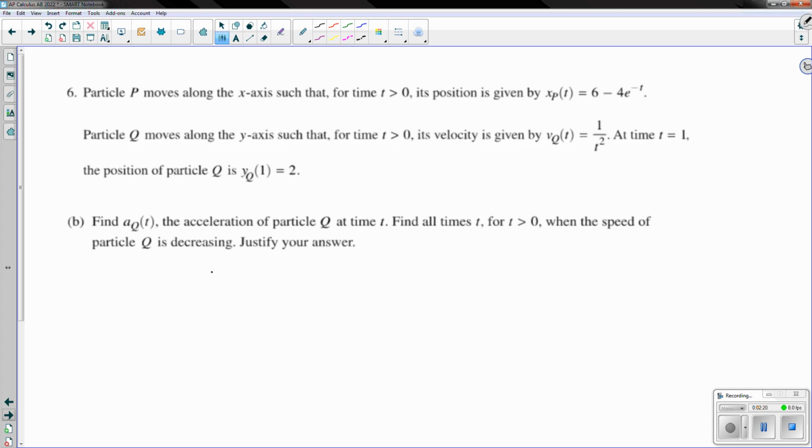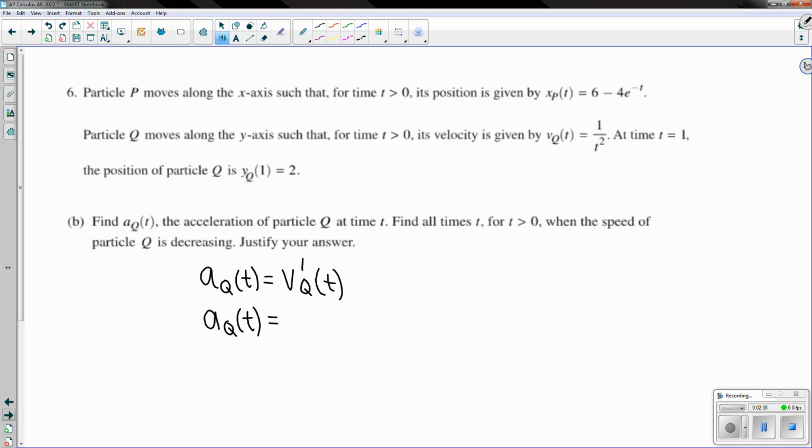So the acceleration of particle Q, we know, is the derivative, the rate of change of the rate of change. We're given a velocity function, which represents our rate of change of the position of Q. So we just have to differentiate that to get our acceleration function.